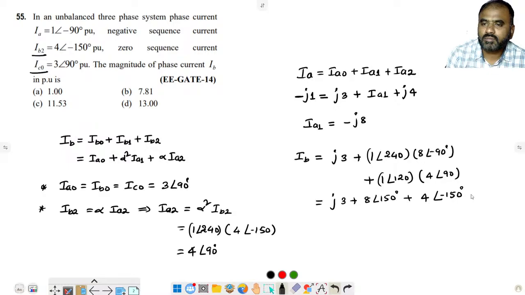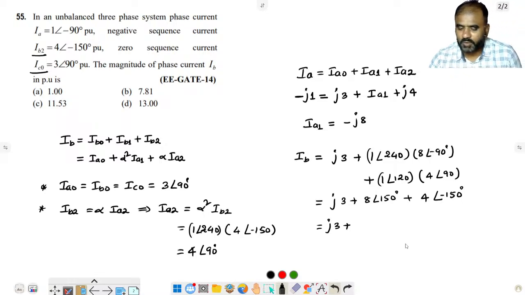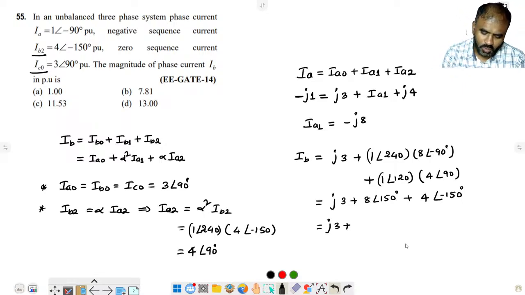That's it. If I solve this, the imaginary parts get cancelled and we only get the real part. j3 as it is. What is the real part? 8 cos 150, here 4 cos 150, so total 12 cos 150. Let me try directly: minus 10.392.